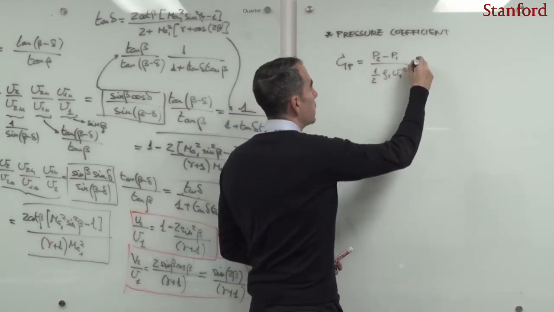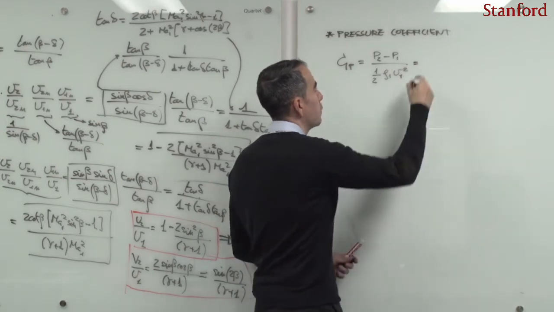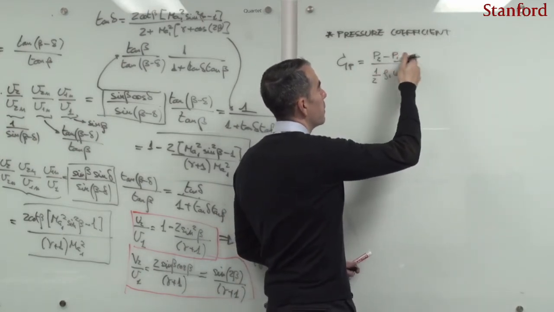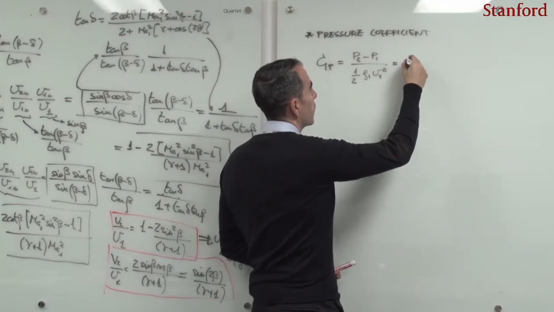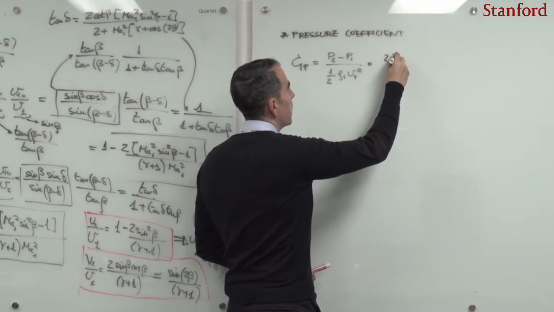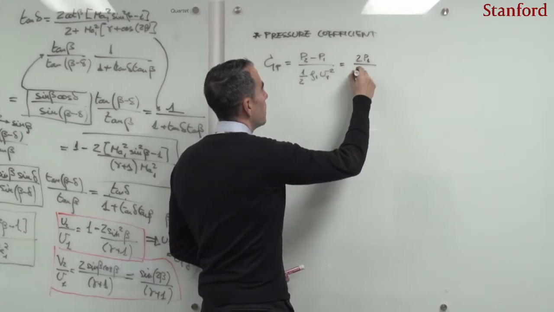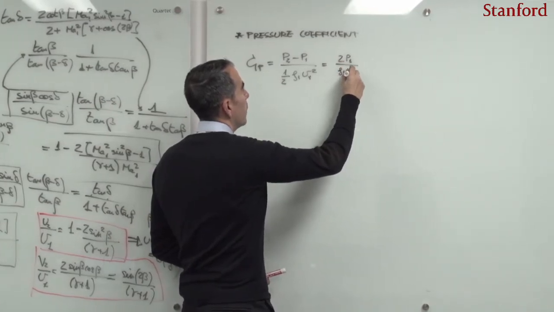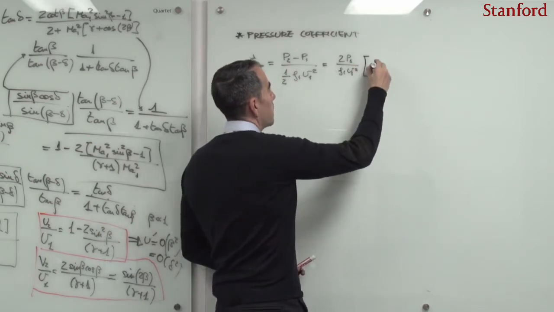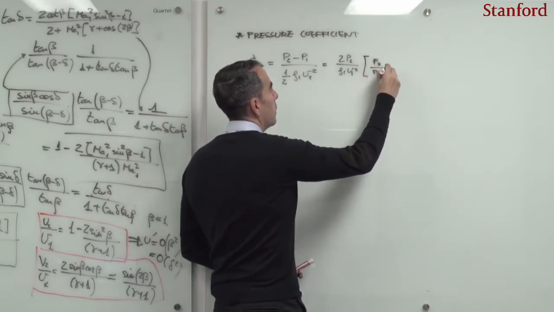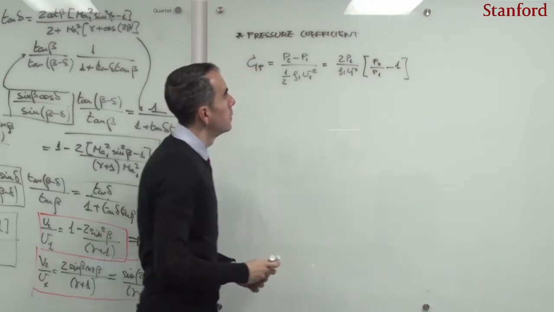So here I can operate and express this as the following, just by dividing everything by P1, right? I'm just going to do it slowly here. So this is going to be twice multiplied by P1 and divided by rho 1 U1 squared, multiplied by P2 over P1 minus 1.